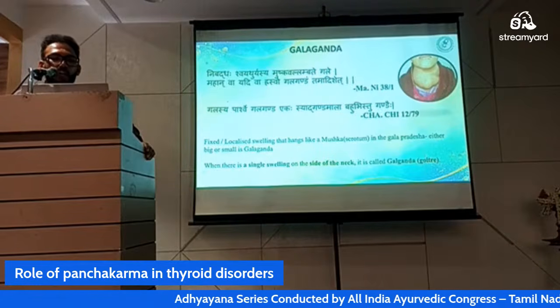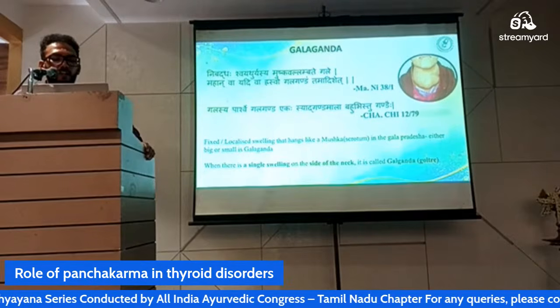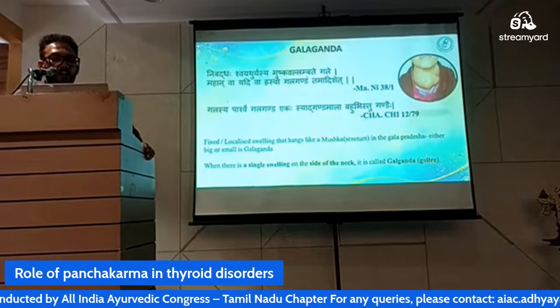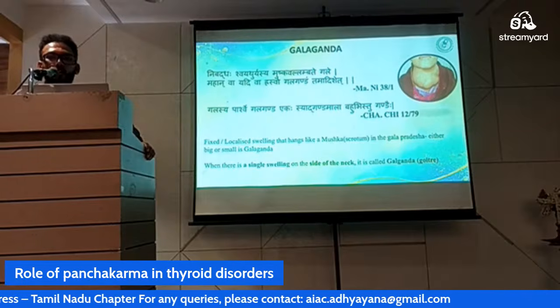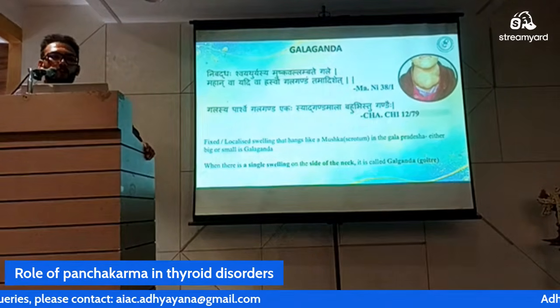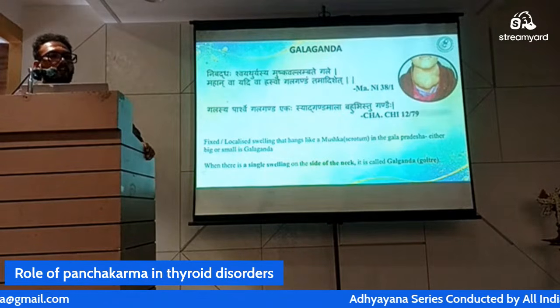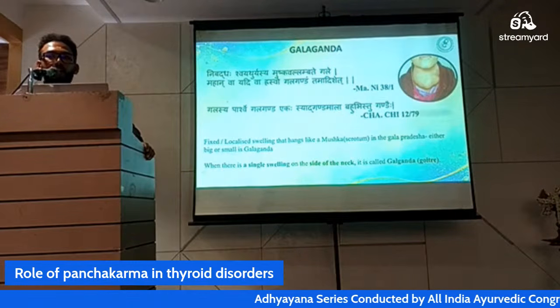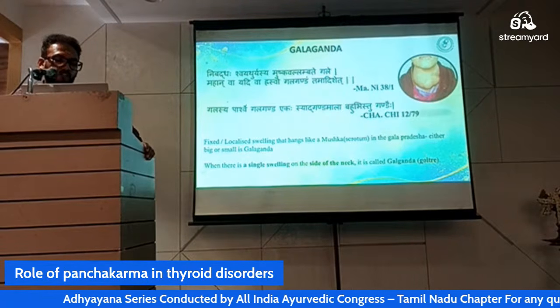Here Acharya Madhava says: Nibaddha Swayatva Vyasya Mushka Vallabategale Mahanva Yadi Hrisvo Galagandam Tamadishet. Acharya Madhava beautifully explains the swelling, which looks like a scrotum, present in the gala region. Mahan means big and Hrisva is small, present in the Gala, which is called Galaganda.